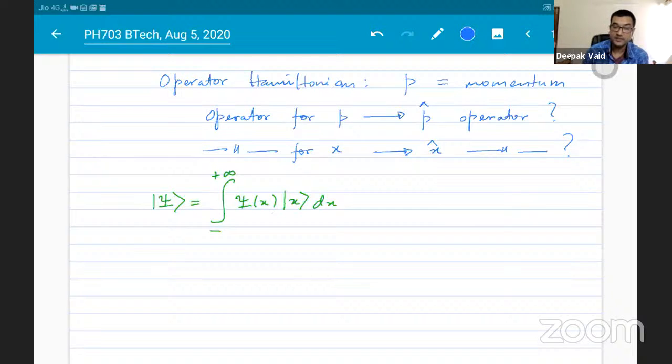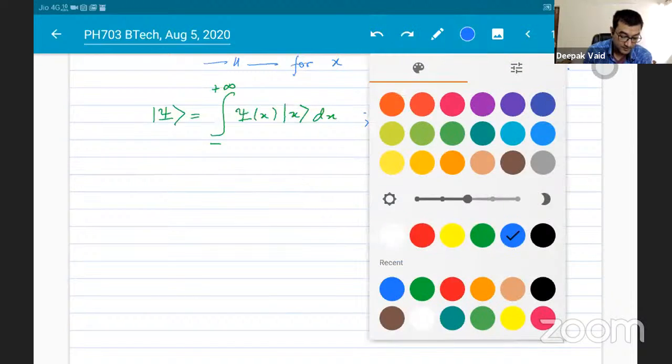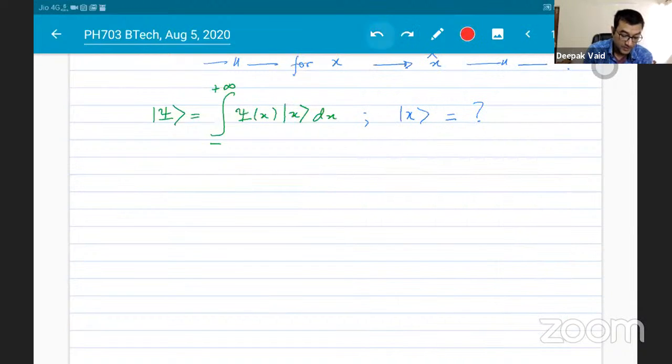Okay, first of all, this is the definition of my state. I don't know what the state is right now. This is just a definition. What is this x, this vector x? So remember, your particle is on the real line. The particle is on a one-dimensional line.